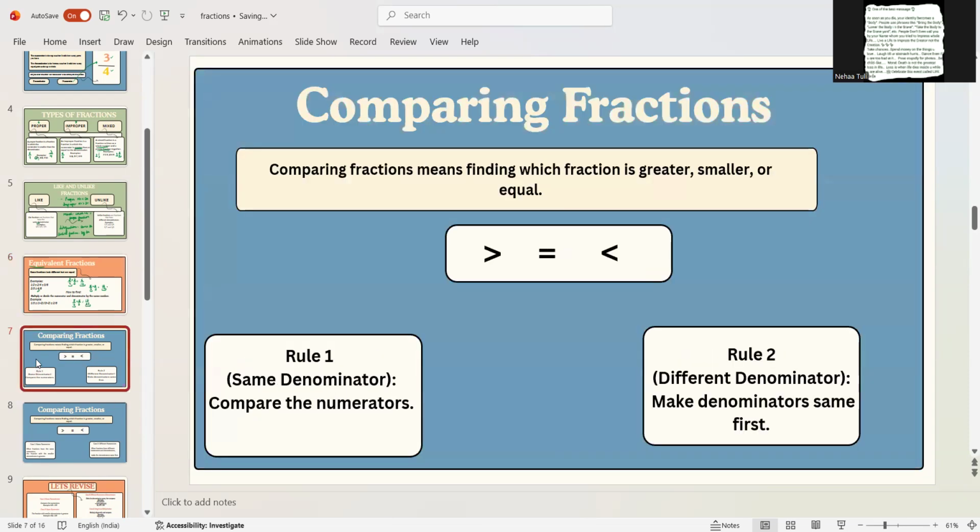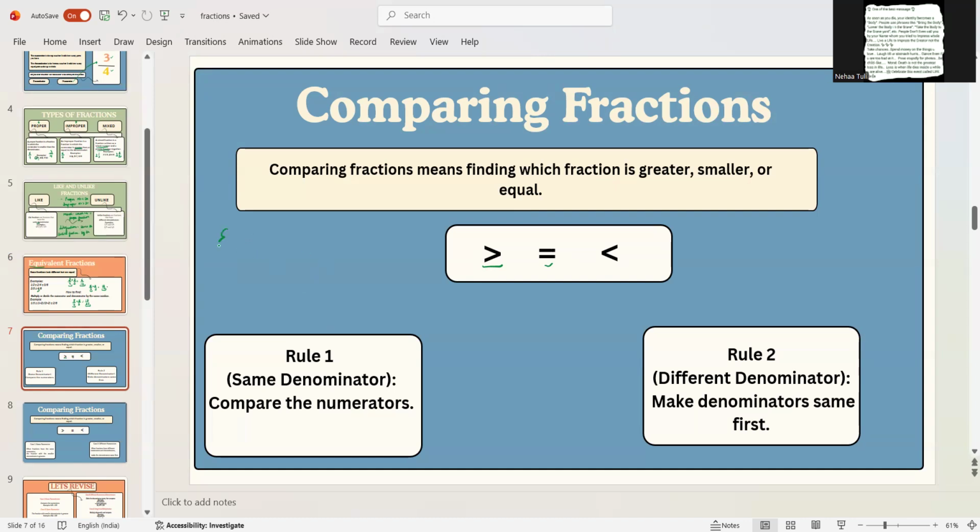Next, we will learn about comparing fractions. What are comparing fractions? Comparing fractions means finding which fraction is greater, smaller or equal. As we know that this is a sign of greater, this is a sign of equals to, and this is a sign of smaller, right? So we have two categories when the denominators are same.